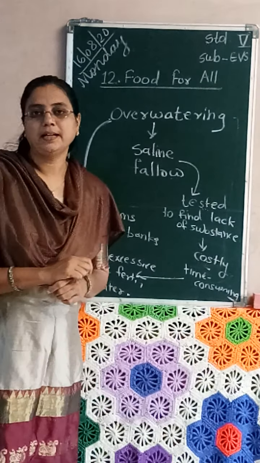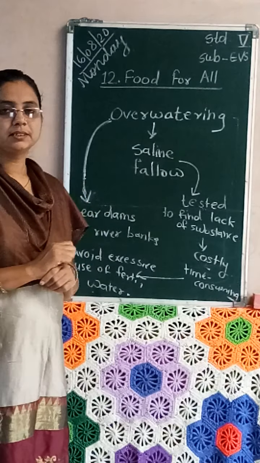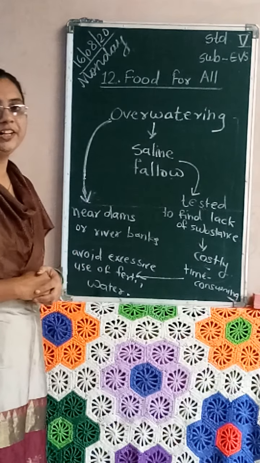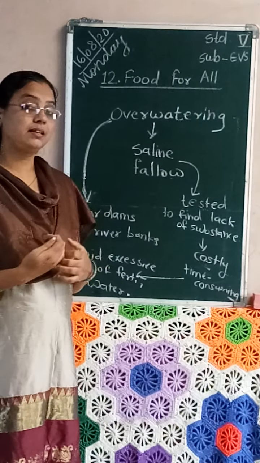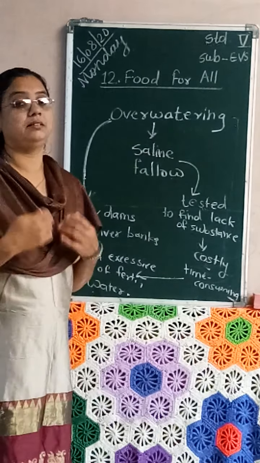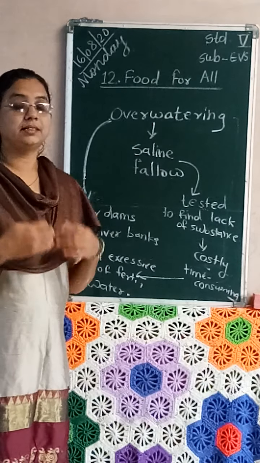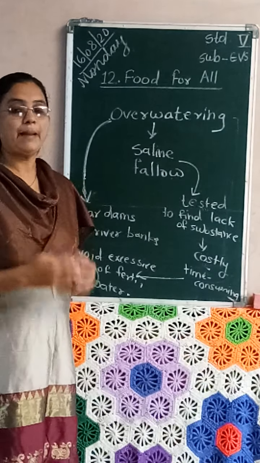Some farms are near dams or on the bank of a river. Obviously, if the farms are near dams or on the river bank, there is availability of water, an abundance of water.